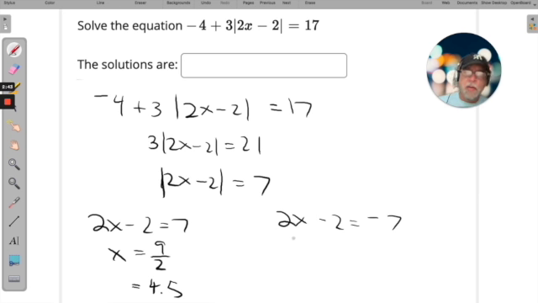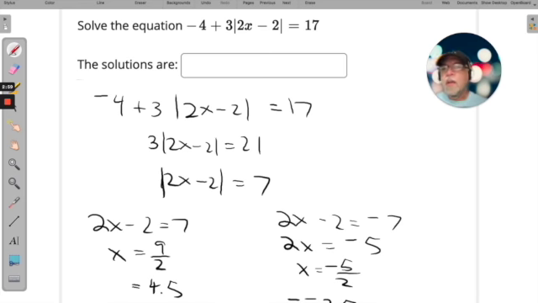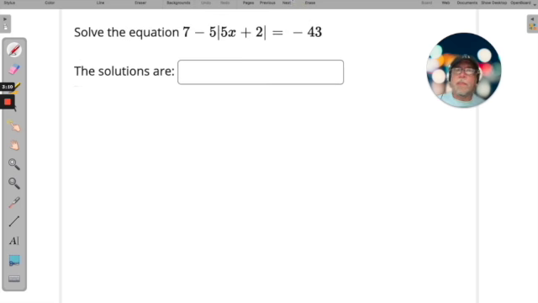This one you're going to get 2x is equal to negative 5. x is equal to negative 5 over 2, which is equal to negative 2.5. Okay, so this doesn't really require a whole lot, just a lot of retracing of the things we've done before, but not hard. I think you'll agree.